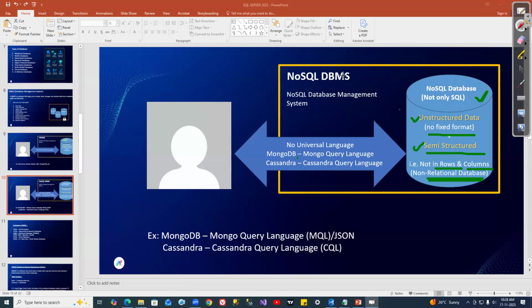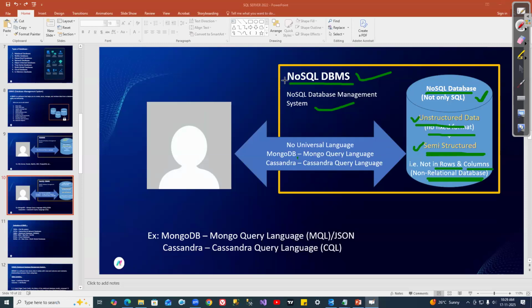Okay, and the software designed to manage this type of NoSQL database is called a NoSQL database management system. It is a software through which we can manage NoSQL databases. What does it contain? Unstructured data and semi-structured data. Earlier, it was structured data, that's why it was a relational database management system.